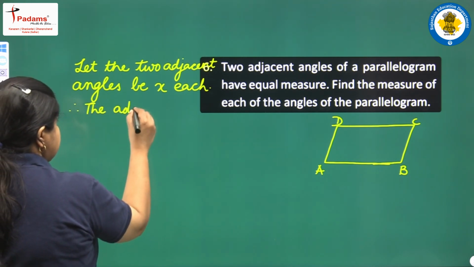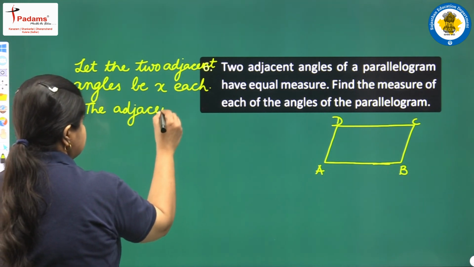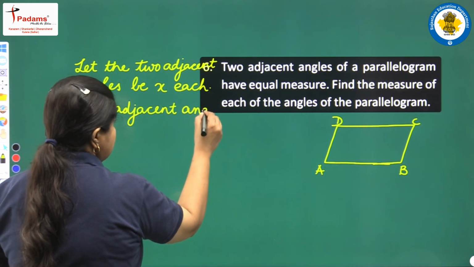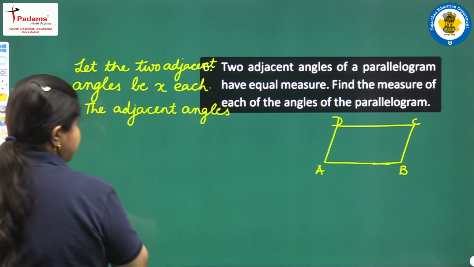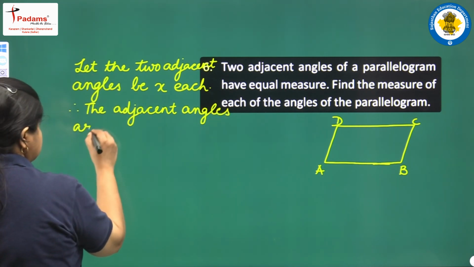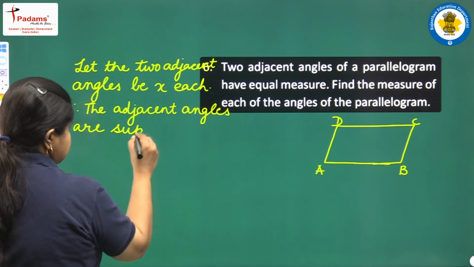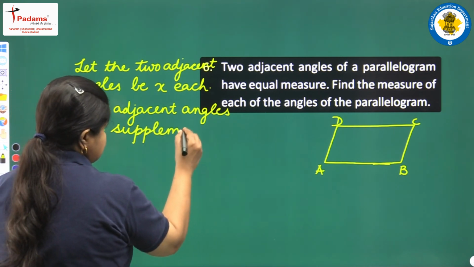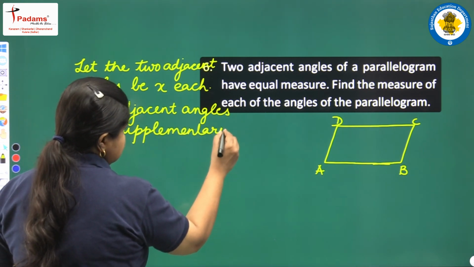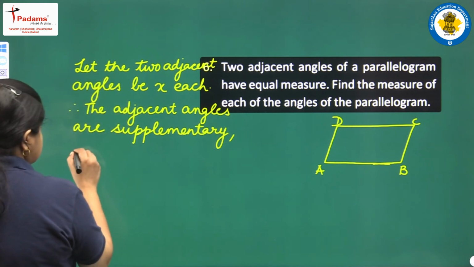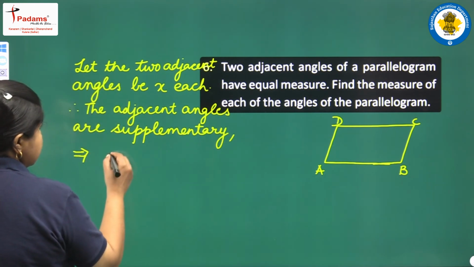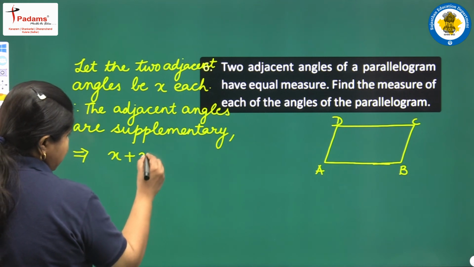Okay, then the adjacent angles are supplementary. You can see how these properties are being repeated again and again. Their sum will be equal to 180 degree.